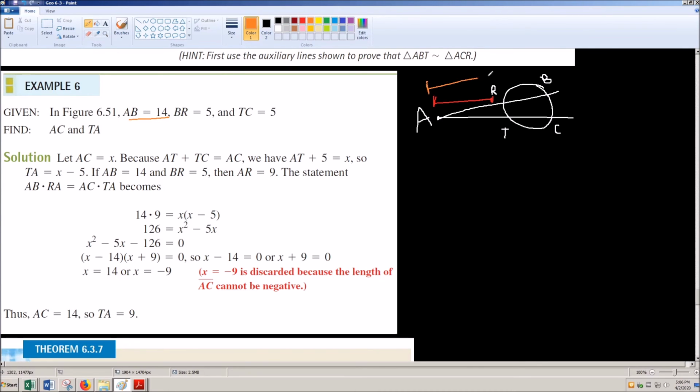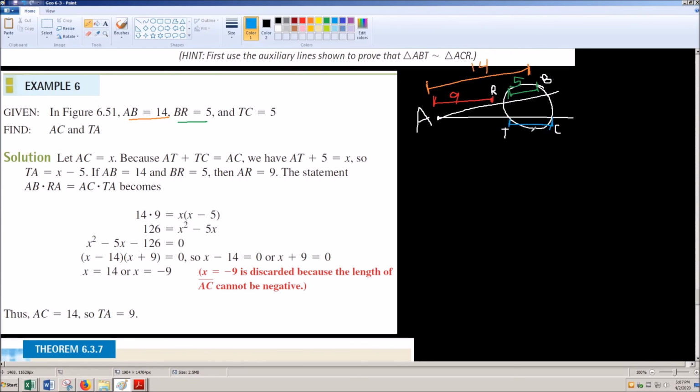So from here to here is 14. I'm looking at BR. BR, it tells me, is 5. Well, really, by telling me that this whole thing is 14, and by telling me that this chunk is 5, I have indirectly been told that this chunk is 9. So I'm able to figure that out from giving me this information. And I'm also told that TC is 5.